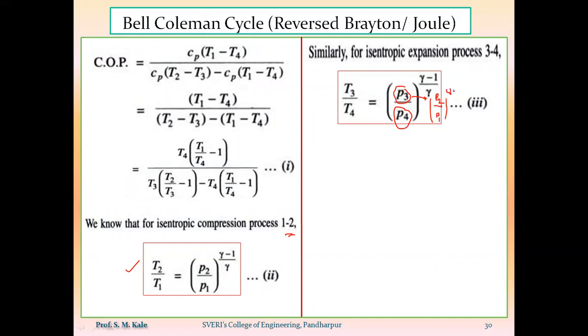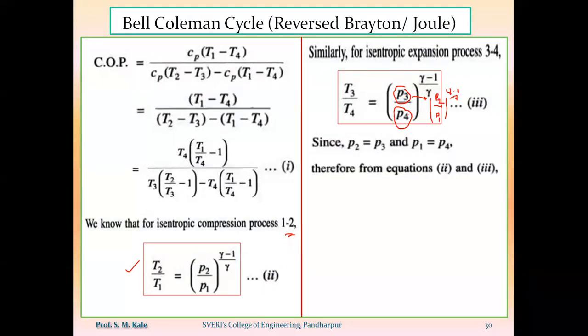That means this equation will become T3 by T4 is equal to P2 by P1 raised to gamma minus 1 upon gamma, because instead of P3 I can put the value P2, and instead of P4 I can put the value P1. Since P2 is equal to P3 and P1 is equal to P4, I can write this equation.